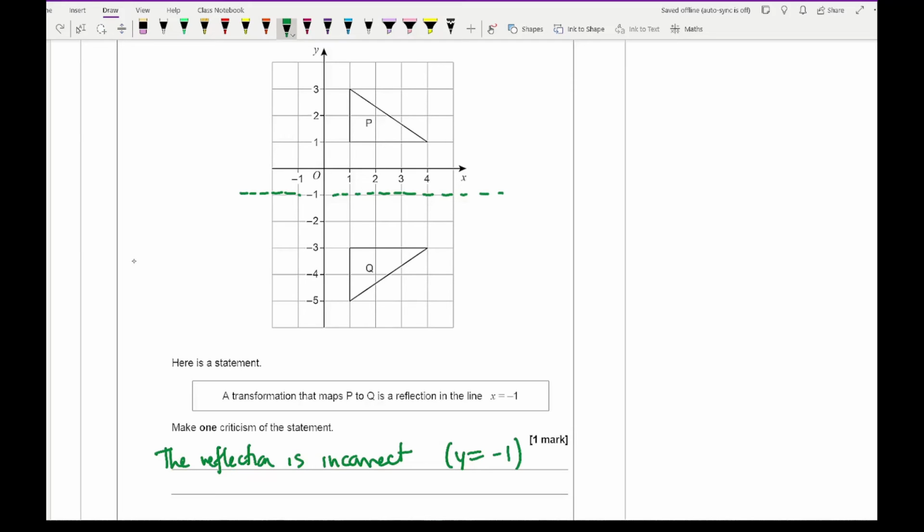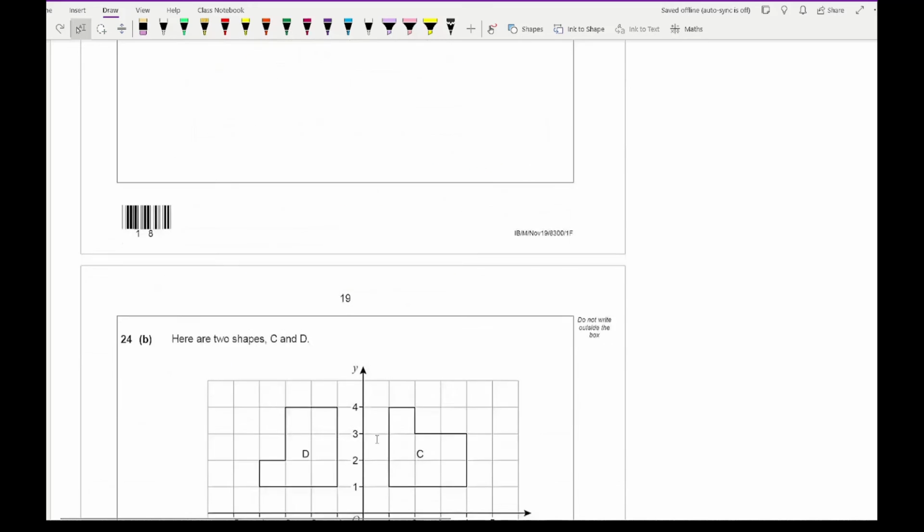So in other words, in the one on the other side. So this here would be our second quadrant. You can say that the line that's given is vertical when you want a horizontal line, so that would be fine. You could either give coordinates of where the reflection is and how it doesn't work, but I would say the most common statement that's going to be made is that the reflection line is incorrect and that it should be x equals minus 1.